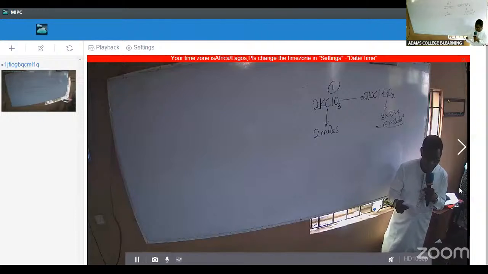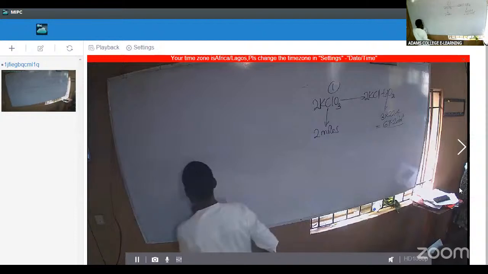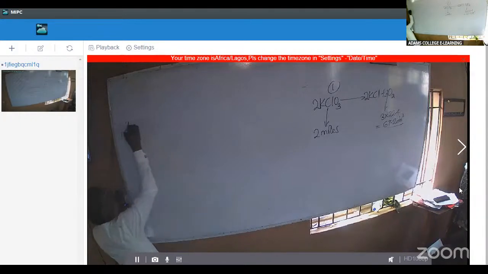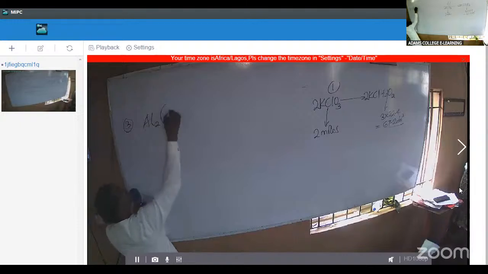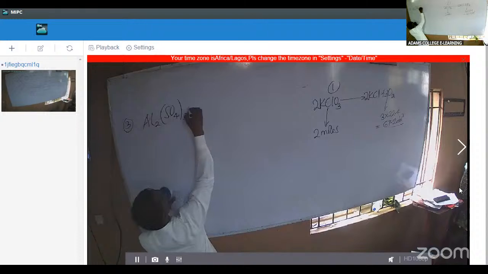What's the percent by mass of oxygen in aluminum sulfate hydrate? Oxygen is plenty here, with 2 water.